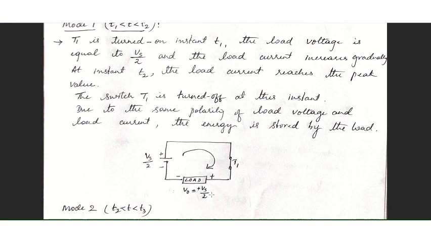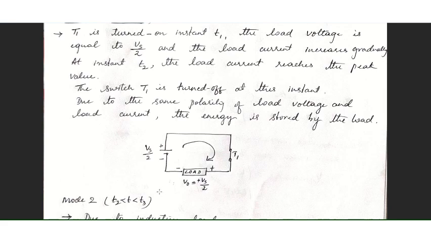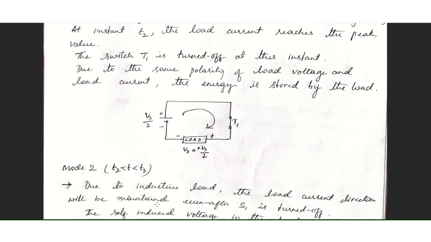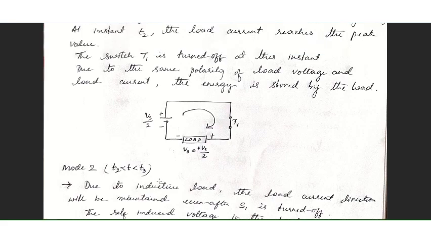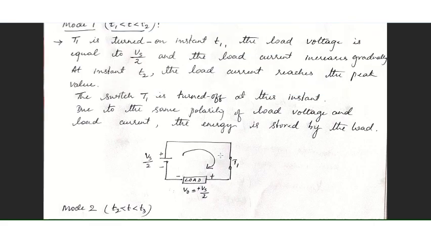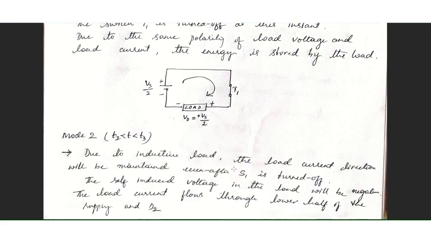All right. Now between T2 and T3 time duration, at time T2, when the current has reached maximum at this point and you are turning off T1, what happens is the energy stored in the inductor will now be reversing and it has to dissipate its energy, right?